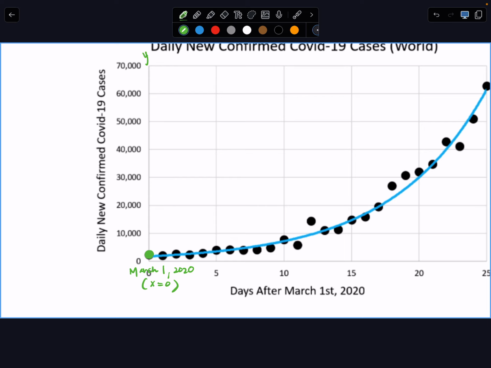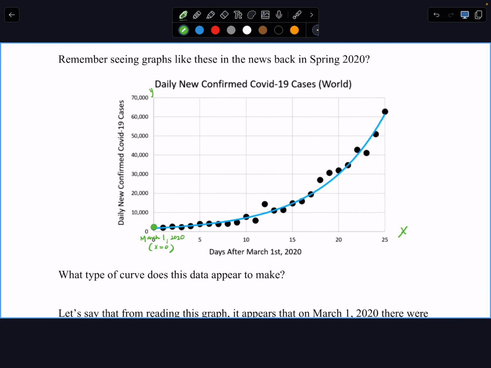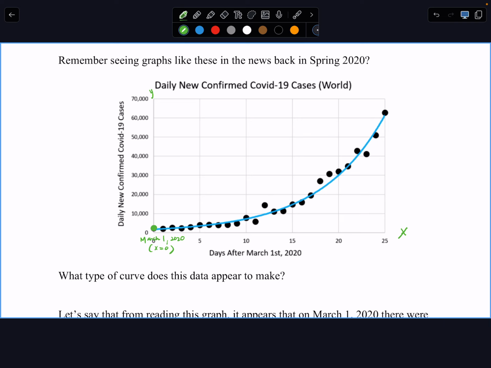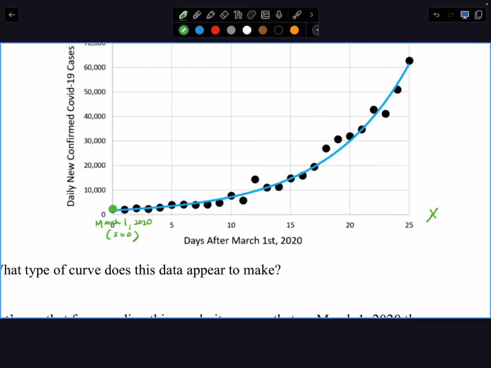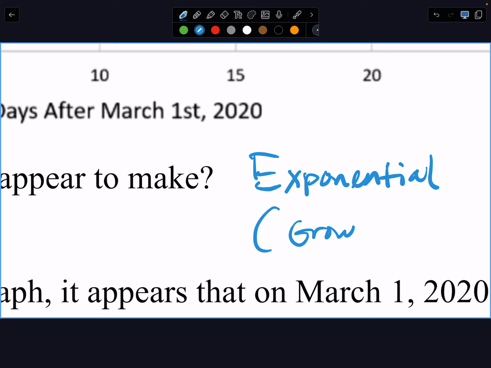So as time is passing and we're getting deeper into March, what does it look like COVID-19 cases are doing? They're going up, right? They're increasing. What type of curve does this data kind of make? Exponential. So it looks like the number of new COVID-19 cases is increasing exponentially.